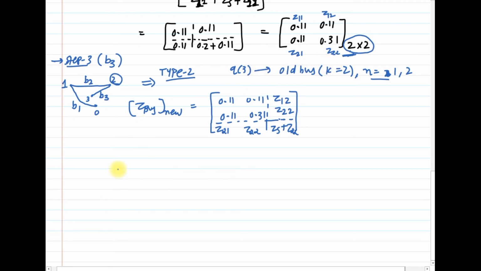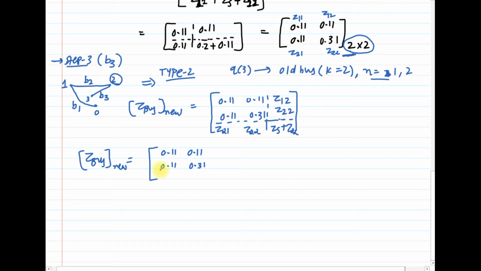Okay, so we will get the final answer for this modification number 3, or for element B3. Z bus new is equal to, the old matrix will remain as it is, which we have derived in our previous modification.